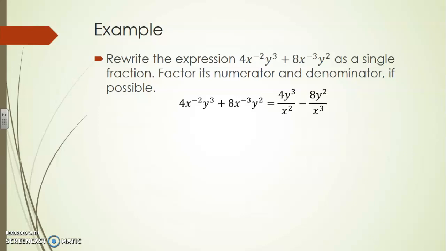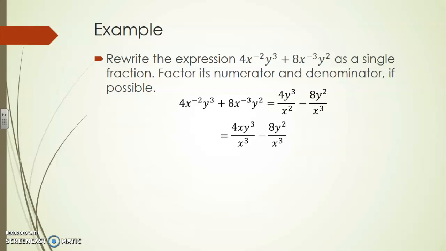To make things easier, you would probably want to remove the negative exponents, or at least rewrite the terms with those negative exponents to place them as denominators, which is what they really represent. So 4y cubed over x squared minus 8y squared over x cubed is an appropriate replacement for what we started off with.